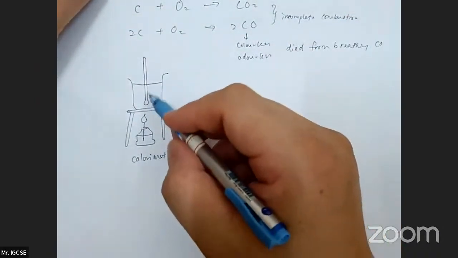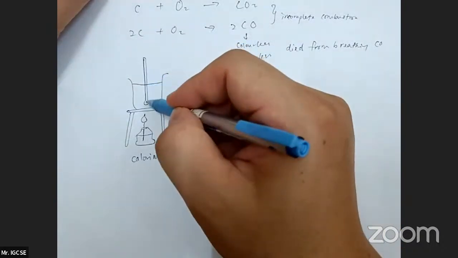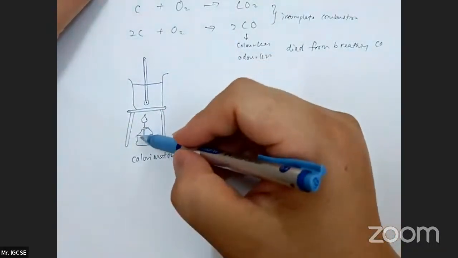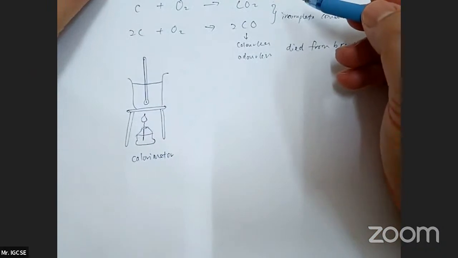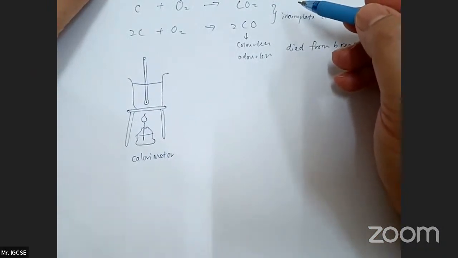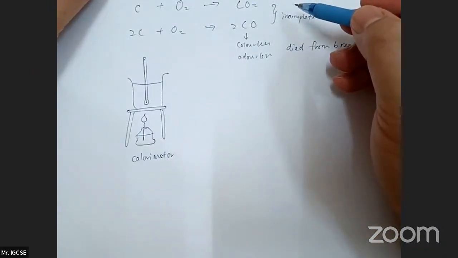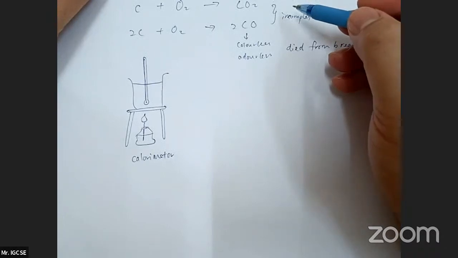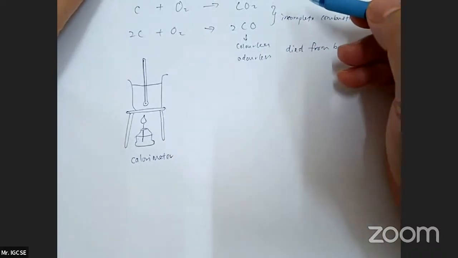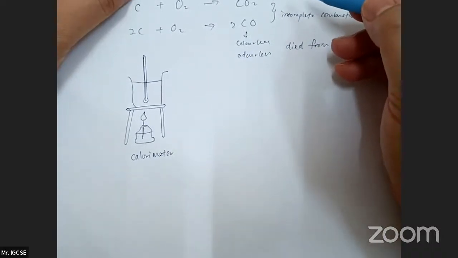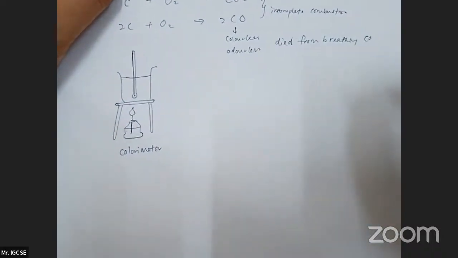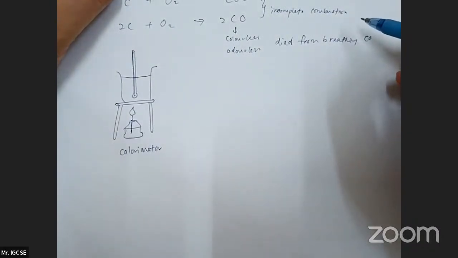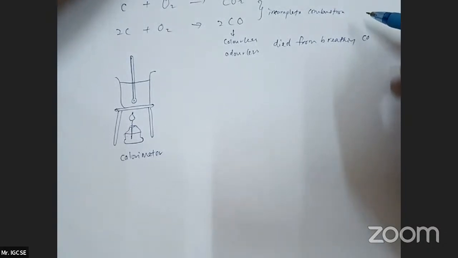Then you calculate how much Celsius increase and how much of the fuel has been used. Another one is called a specially designed calorimeter for food. Okay, this is a simple one.